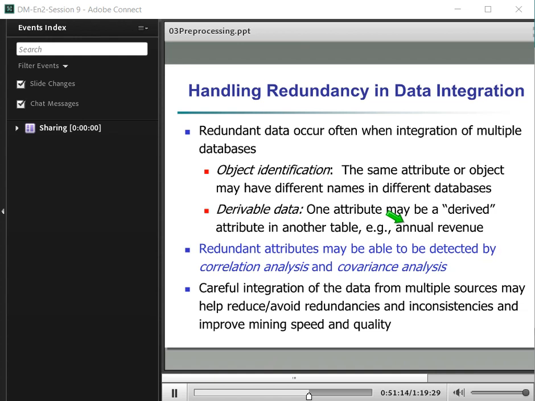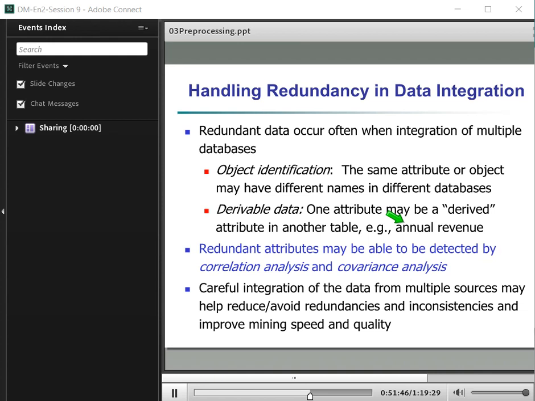But as I remove one attribute and keep the second one, I reduce the amount of data entering the data mining algorithm. It's very important. So during the integration, reducing the redundancies is very important.